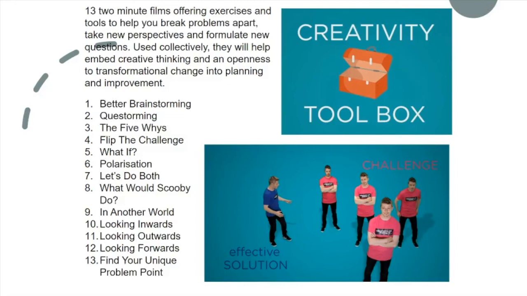We quite often use polarization, which is looking at extremes. That's a really helpful way. So, for example, we would usually be naturally drawn to trying to think of the best possible outcome for a challenge. So if you were trying to address bullying in school, you would naturally think, okay, what are all the things we can do to solve that problem?